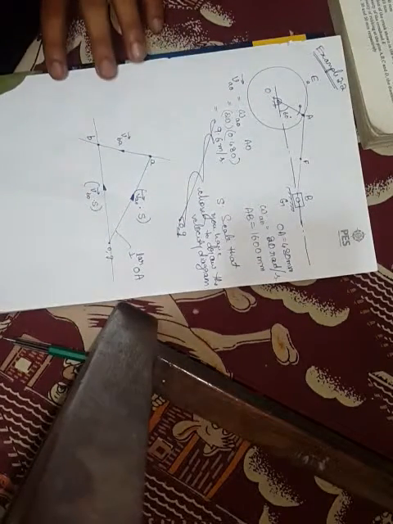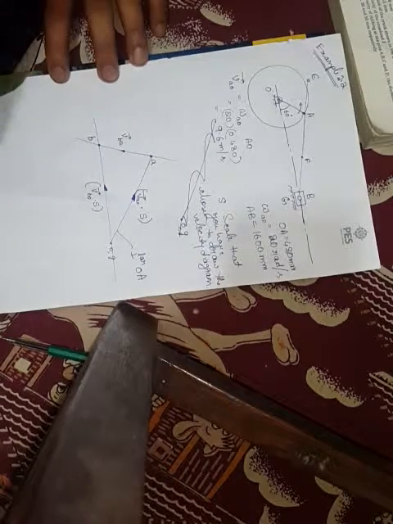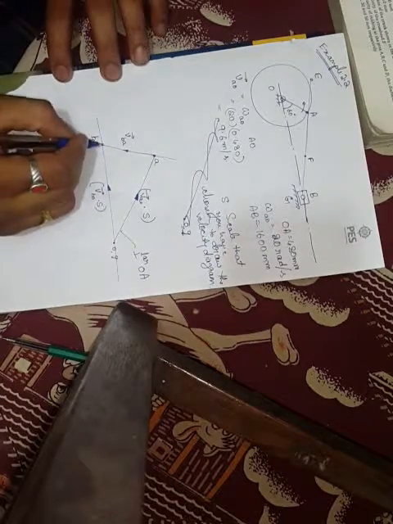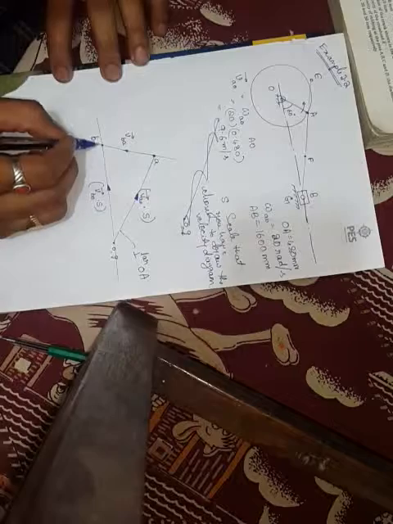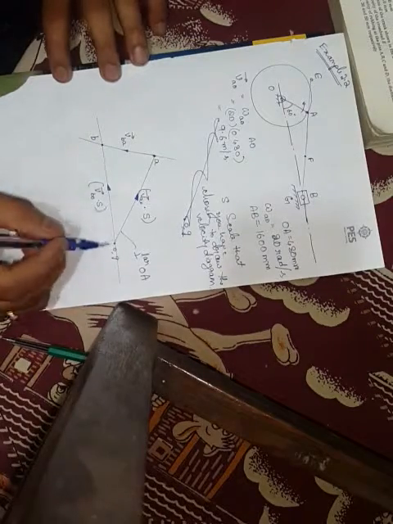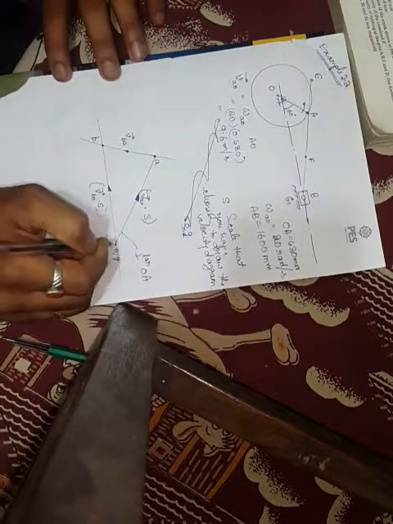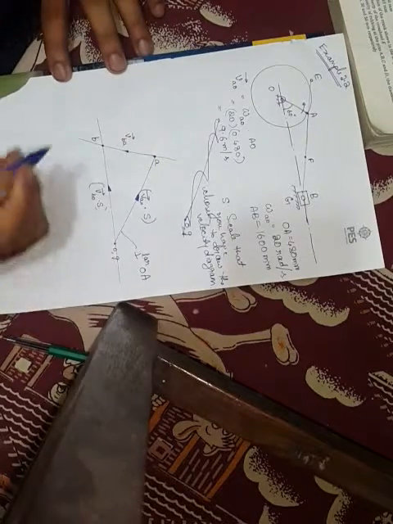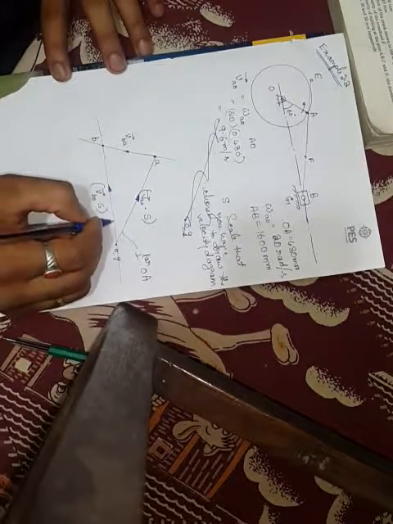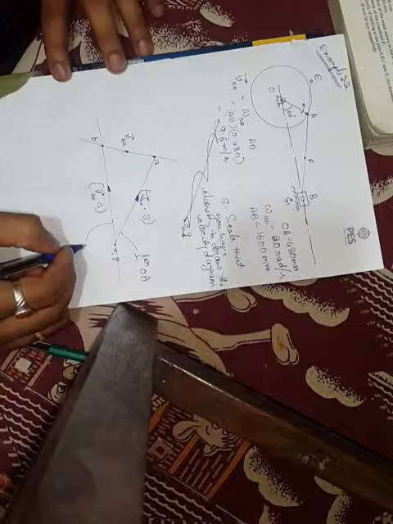We know that once we find the value of VBA, we can calculate the value of B with respect to O, or we find this particular length.